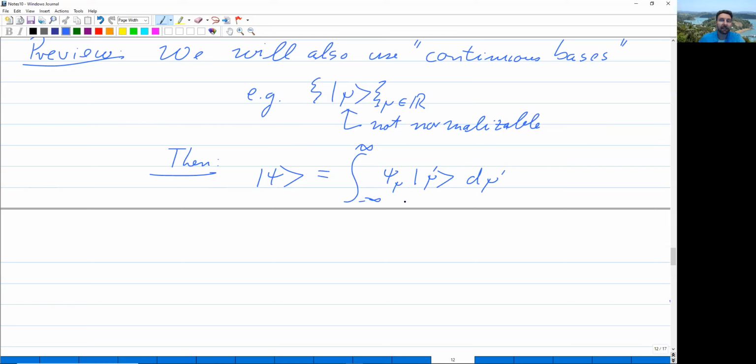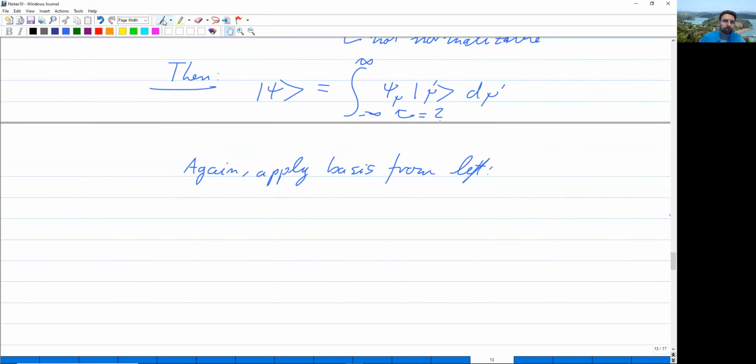But we can then again ask, what are these coefficients? And then we can again apply the basis vectors from the left. Namely, the basis vectors are now called mu.